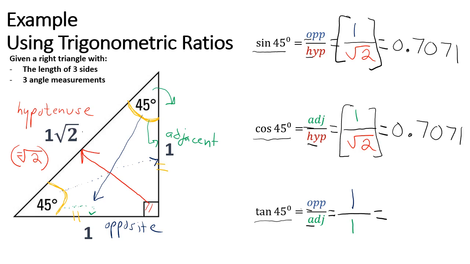And remember that I'm just typing this into my calculator. And of course, 1 over 1 is just 1. So what I'm going to do on the next page is show you how you use a scientific calculator to actually find the sine of 45, the cosine of 45, and the tangent of 45.